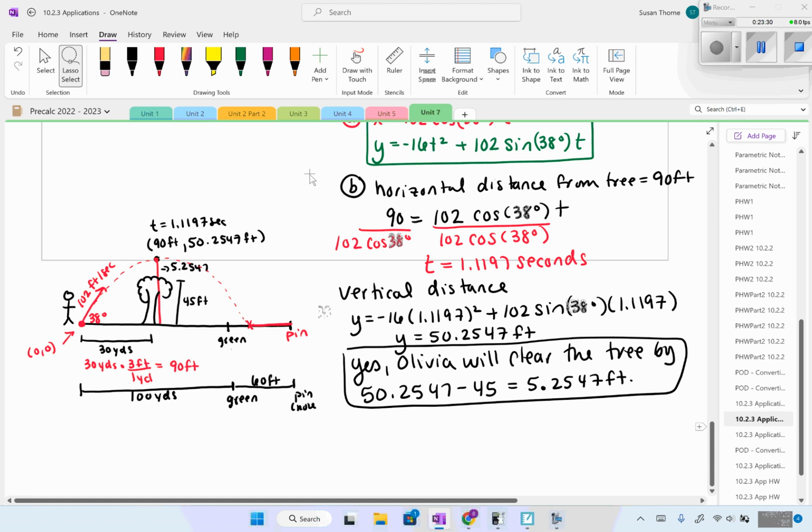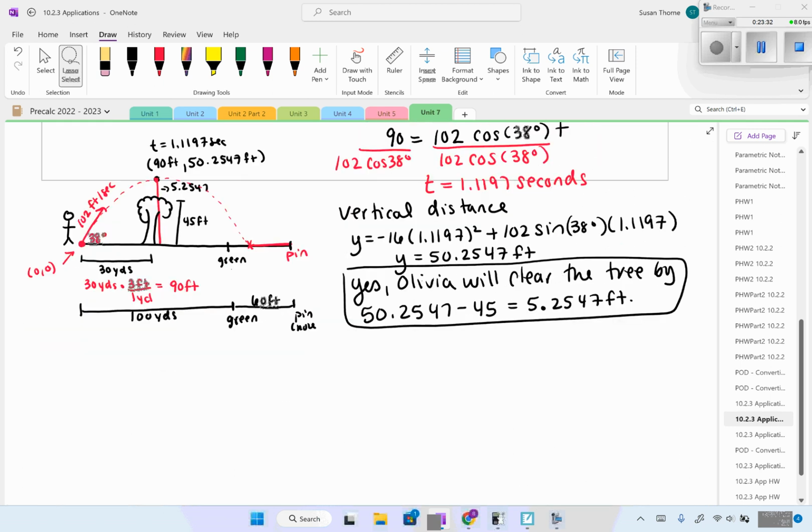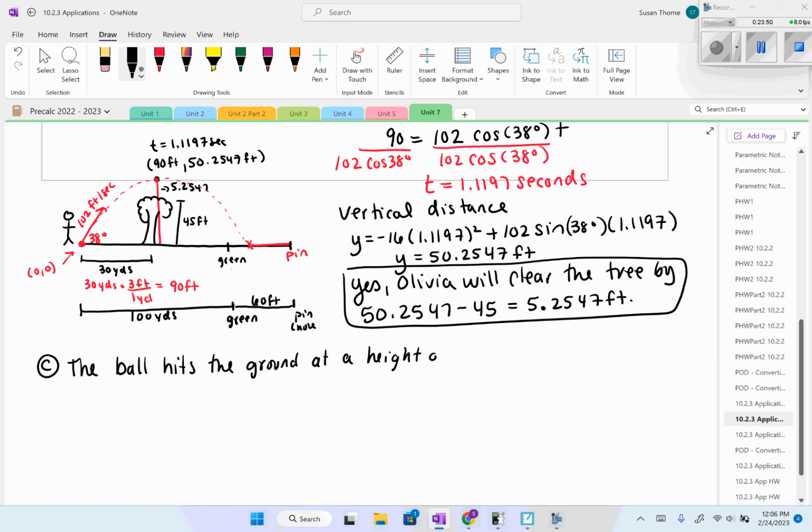When we're hitting the ground, when we're landing, we know that gives us a height of 0. So we're going to use that to help us solve. The ball hits the ground at a height of 0 feet, and that's a vertical distance, which means we use our y equals equation.